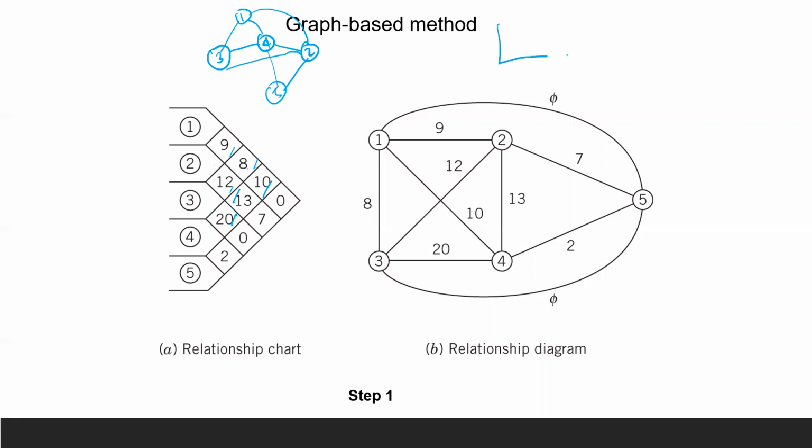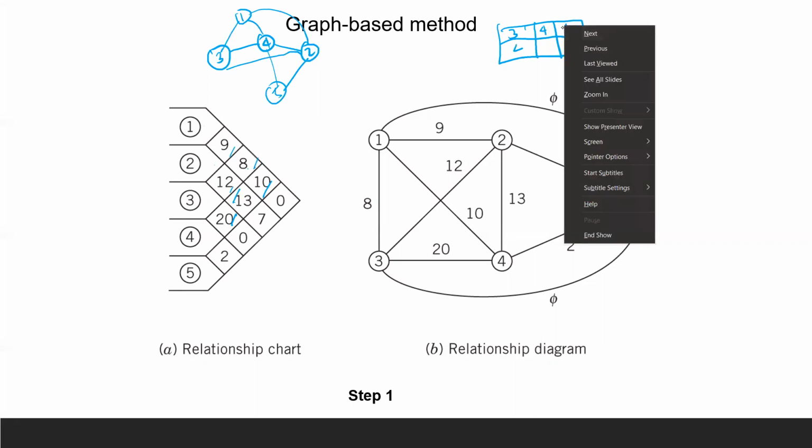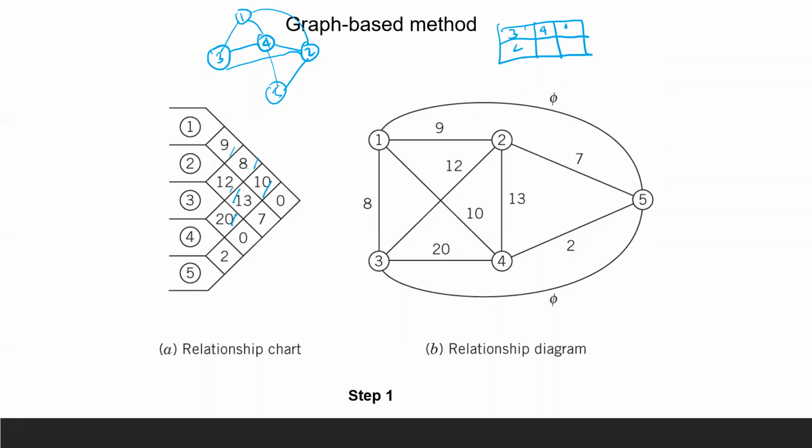Kung ilalagay natin siya sa block diagram, parang ganito yung magiging analysis natin. So, paano kaya natin ma-address to? Anyone? 3, tapos 4 dito? Sa baba? Or dito? Dito? Sorry, dito?